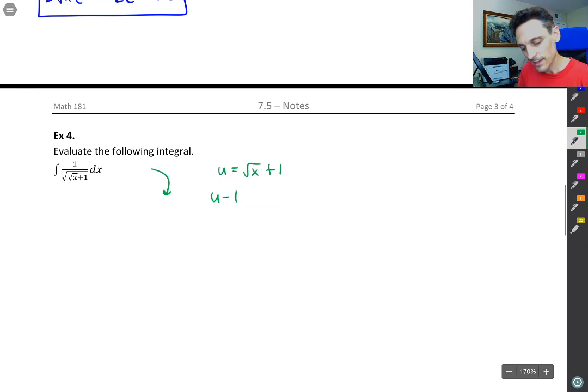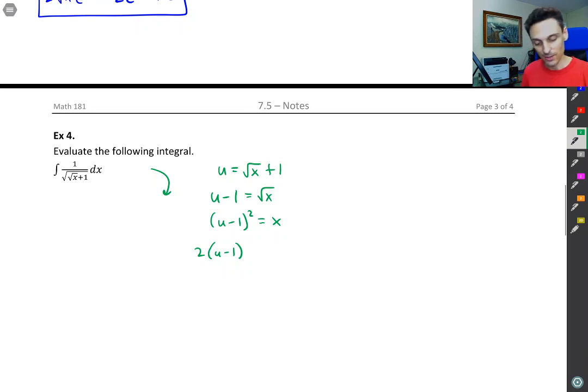If we solve for x, we're going to get u minus 1 equals the square root of x. Square both sides, so we get u minus 1 quantity squared equals x. And now we can differentiate both sides. Now on the left side, the 2 will multiply in front, and you'll subtract 1 from the exponent. Whoops. And then multiply by the inside, which is just 1.